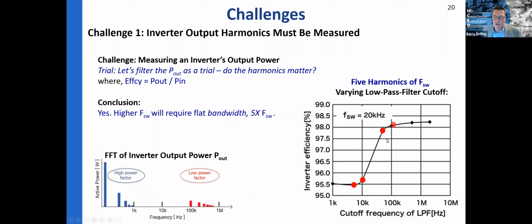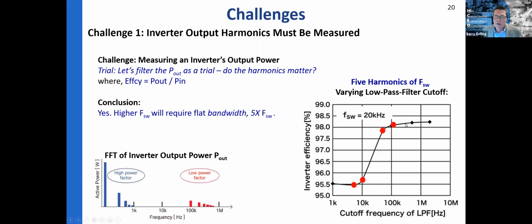And then we kept opening the low-pass filter up, and we saw that, in fact, our output power kind of leveled off here, so that we watched the efficiency, and this really could just be watts. We watched the output of the inverter to be measured from about 95% or 95 watts to about 98 and some change.